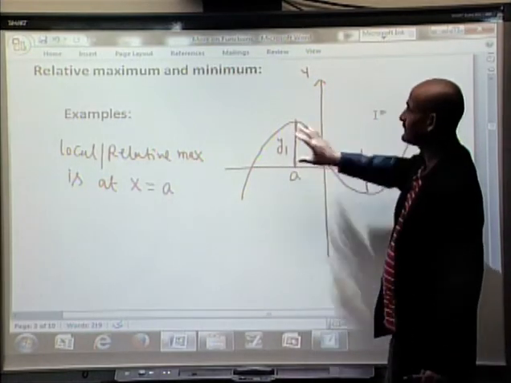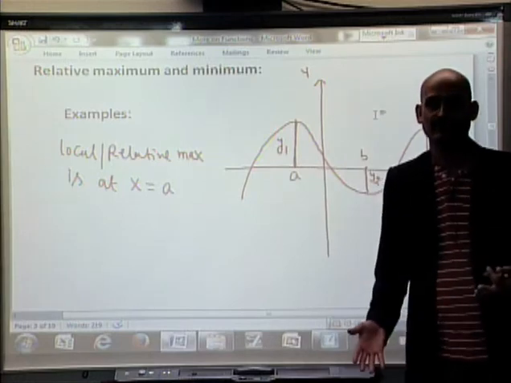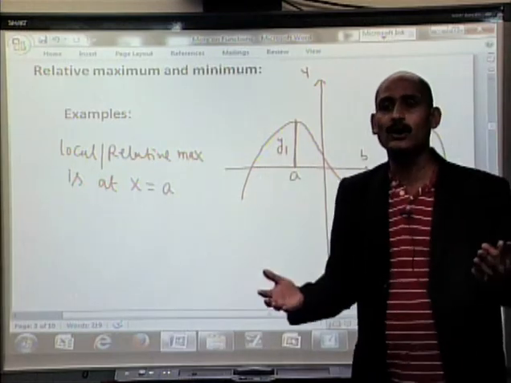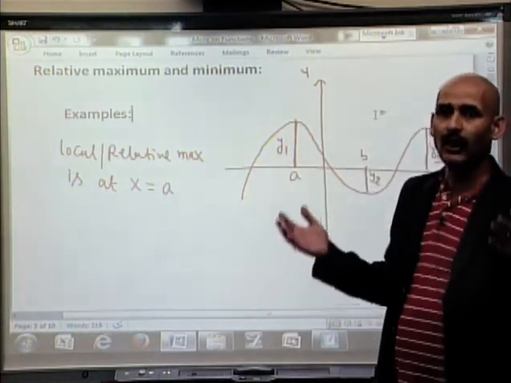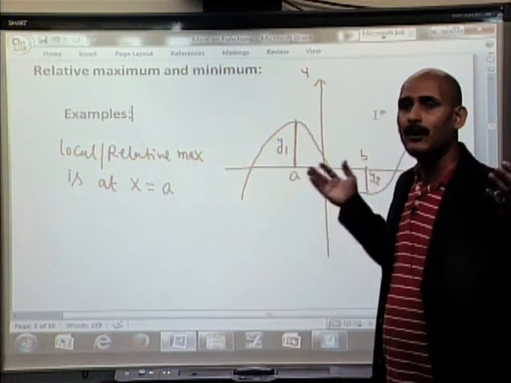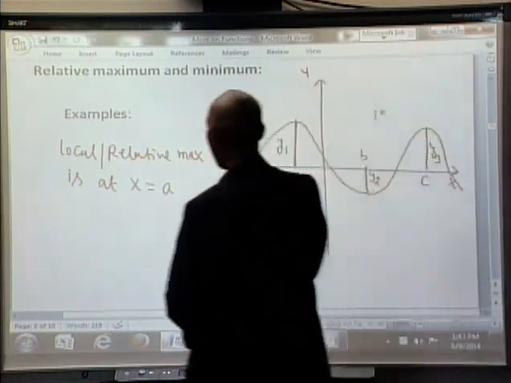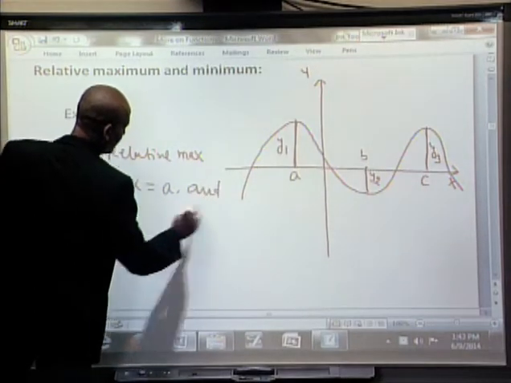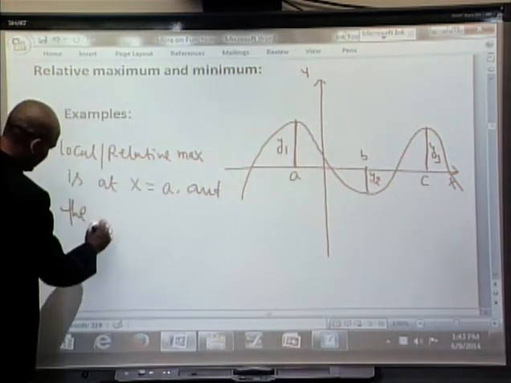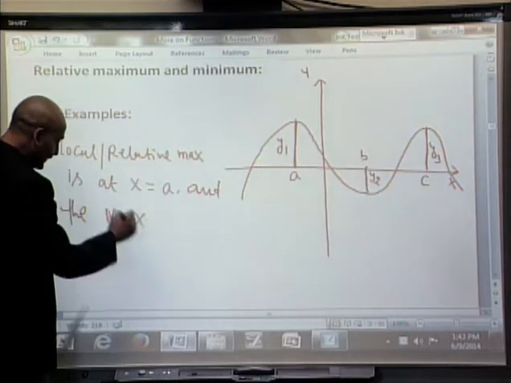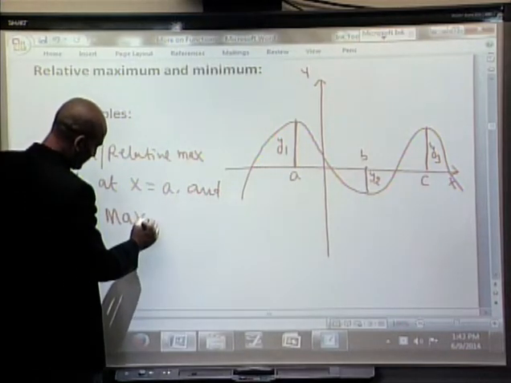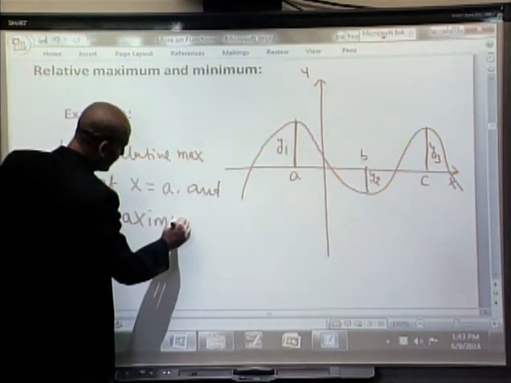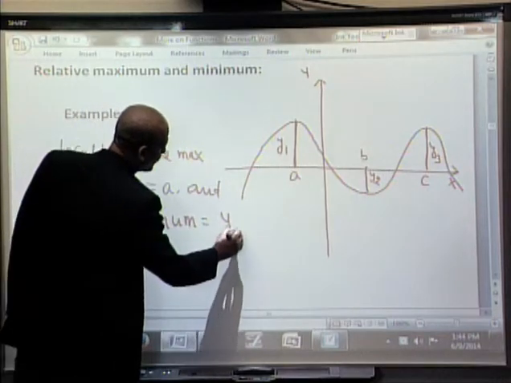So we say the local or relative maximum of this function is at x equal to a, and the relative maximum value equals y1.